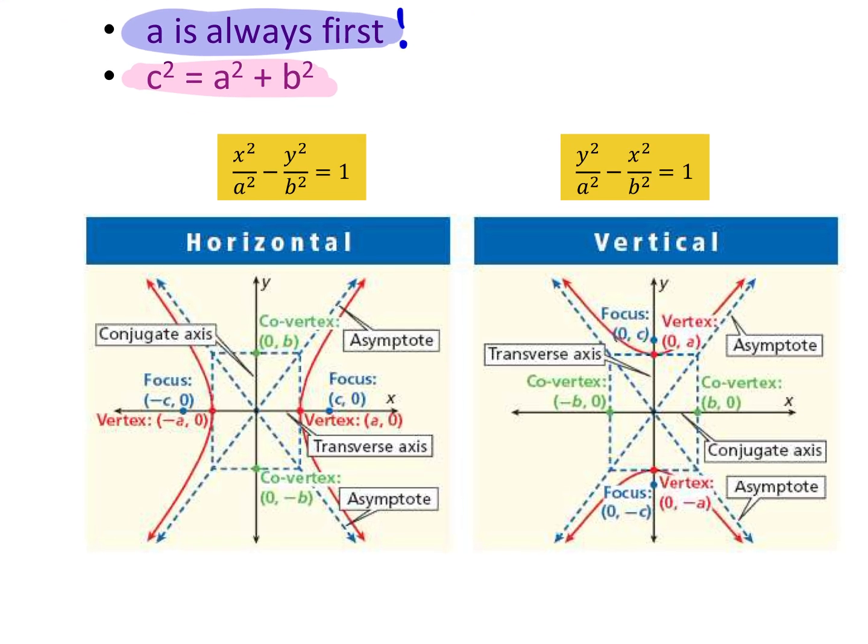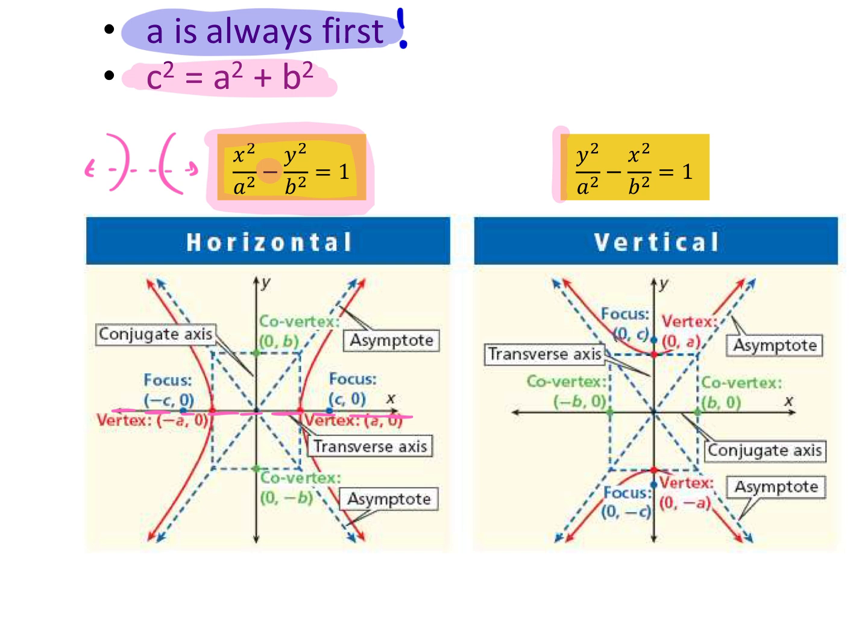Which brings us to our actual equations for hyperbolas. It's the same as an ellipse, but it has a minus in the middle. So in the horizontal one, the x squared is going to be first, and the transverse axis is horizontal.